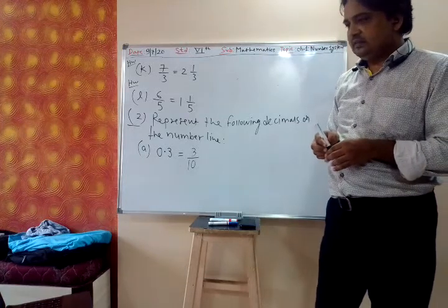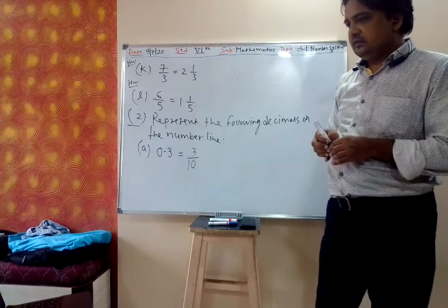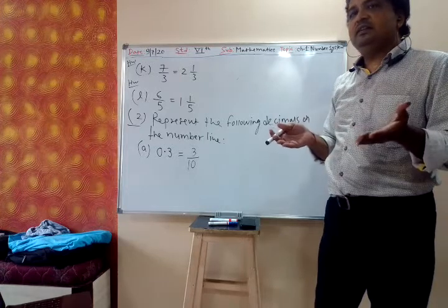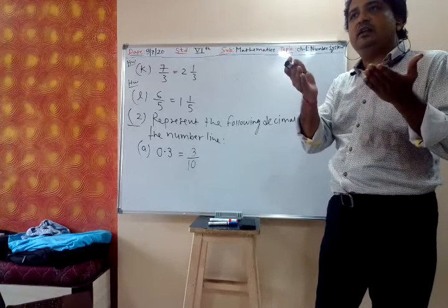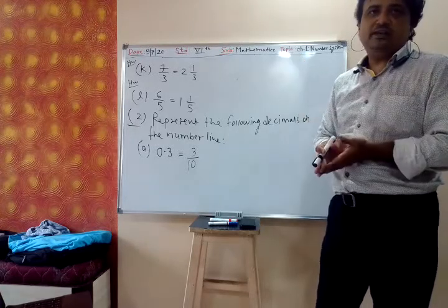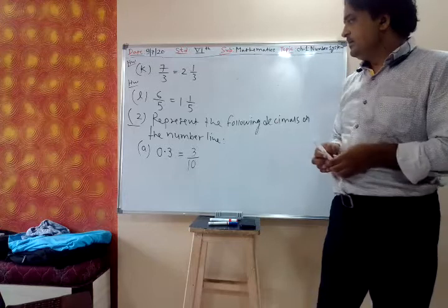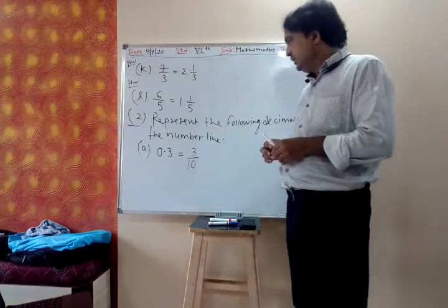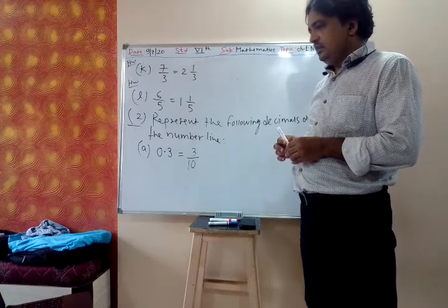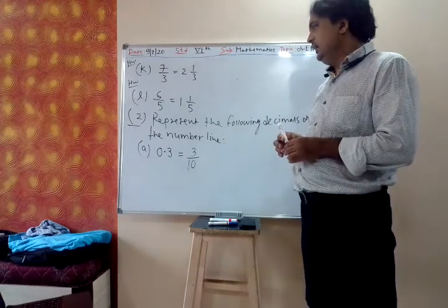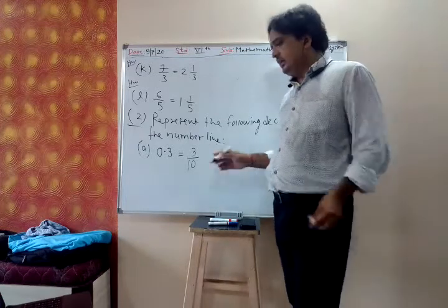If there is no digit, then there is no question of removing the decimal, and no question of taking 10 or 100 in the denominator.